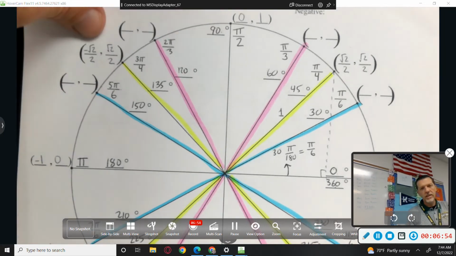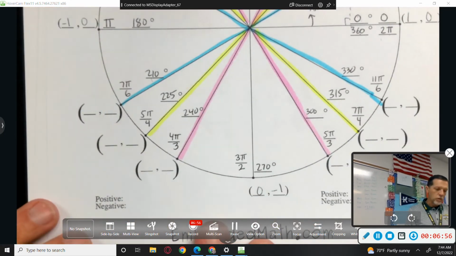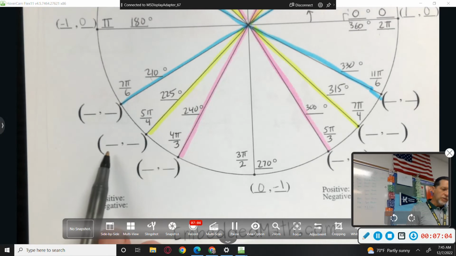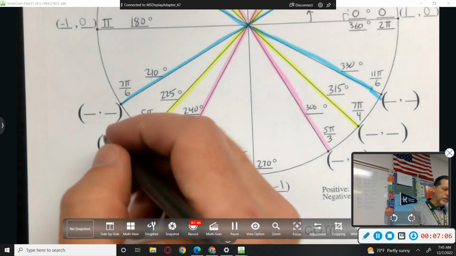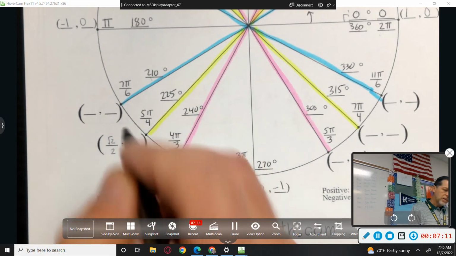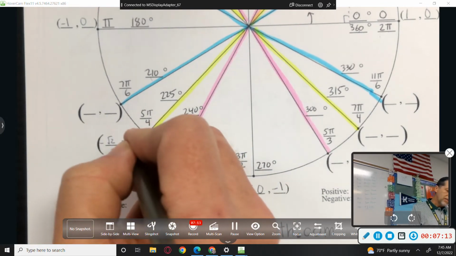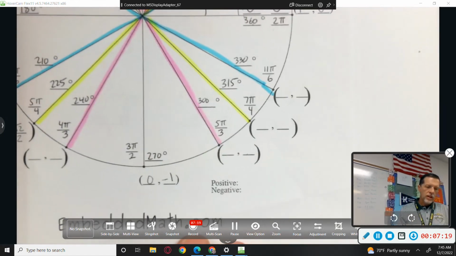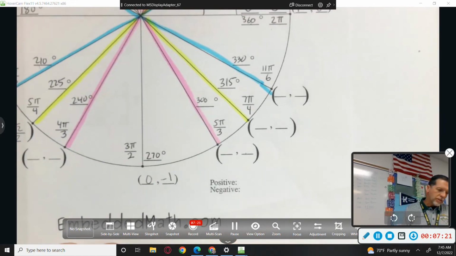While we're in the pi over 4 mode here, let's just jump to 5 pi over 4. That's the middle angle in the third quadrant. It's definitely root 2 over 2 because they're all root 2 over 2. What about the plus and minus? They're both negative. And then into the fourth quadrant.